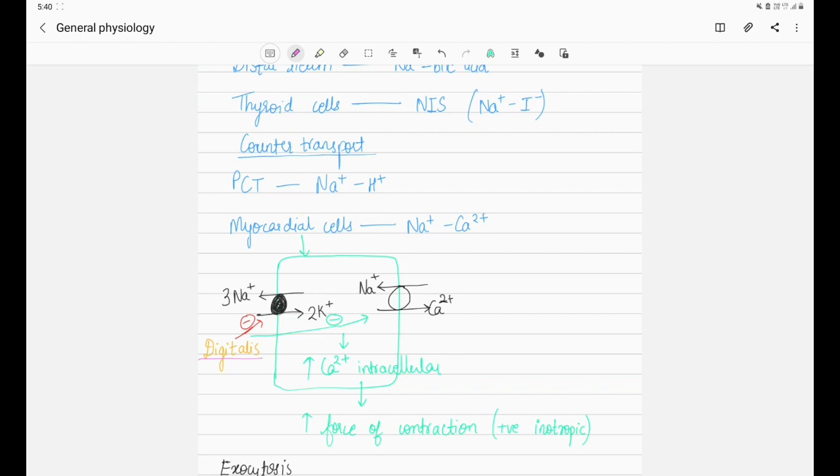So Na+ is adequate. So the Na+ which was coming inside will stop, and hence the calcium which was going out with the help of the entry of Na+ in this secondary active transport pump, this Ca2+ will not go out, and there will be an increase in intracellular calcium concentration. This will lead to increased force of contraction, that is, it is positively inotropic.